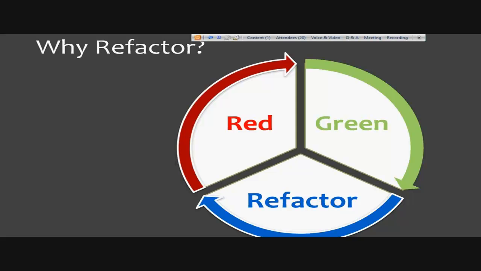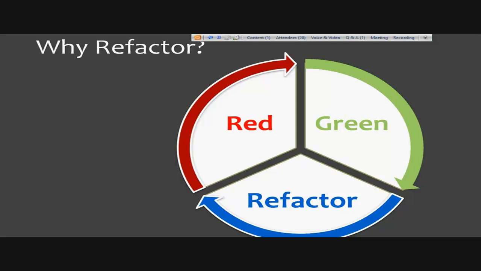If you have attended the last two sessions, we started with SOLID principles, and then we saw code smells. In the red phase we write the failing test, or we identify and understand the problem.